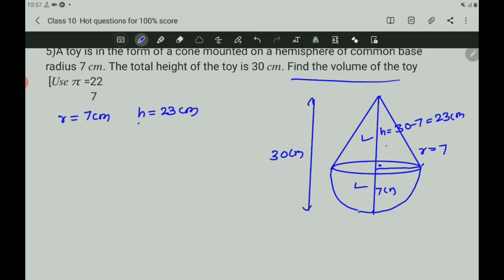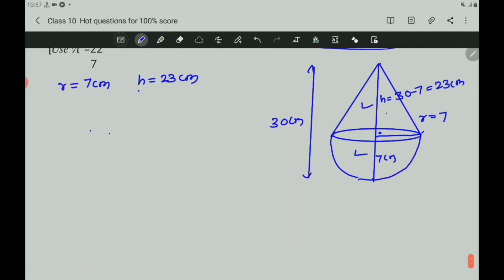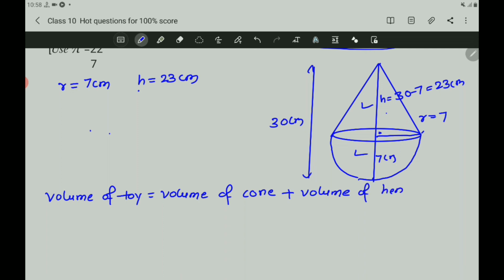Therefore you write volume of toy equals volume of cone plus volume of hemisphere.